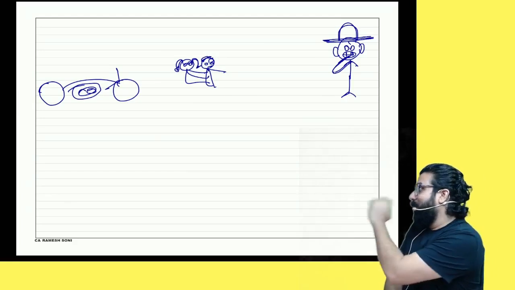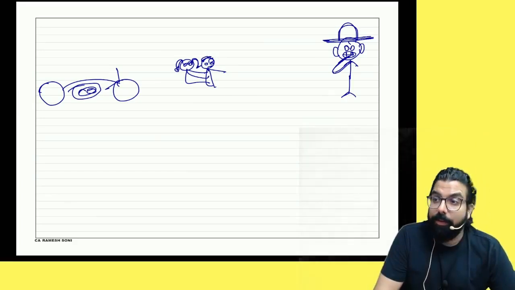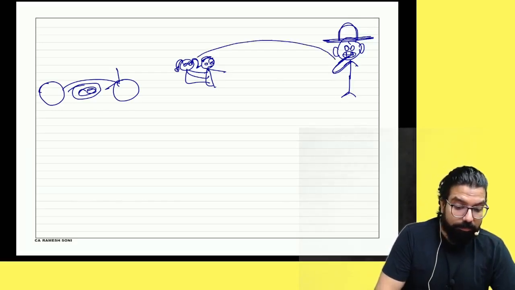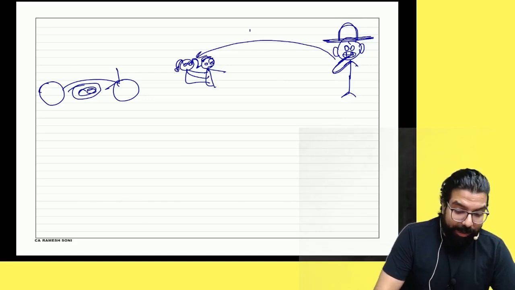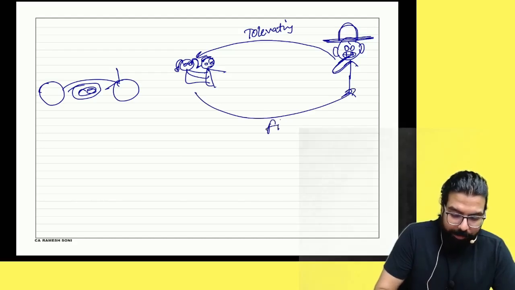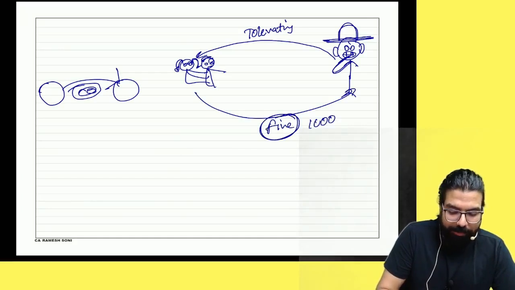Concentrate, everyone. What will the police say now? He will tell, hey, you guys, I am tolerating you. I am tolerating. Give fine. Yes or no? And he will take 1,000 rupees as fine.